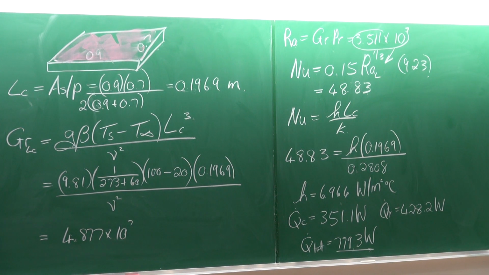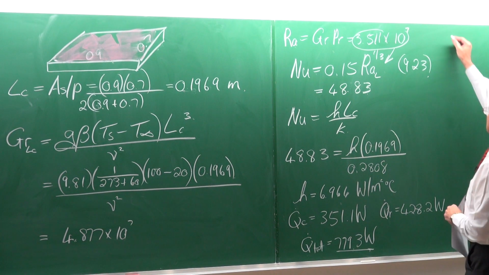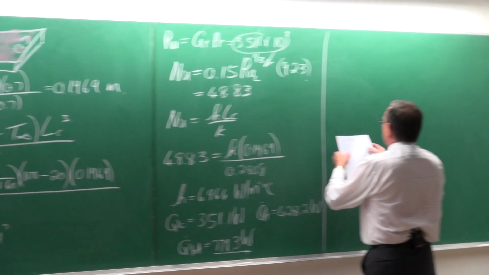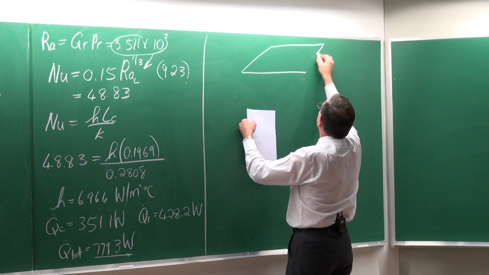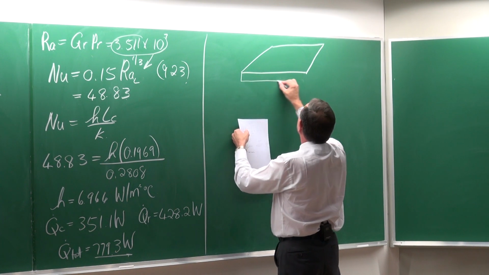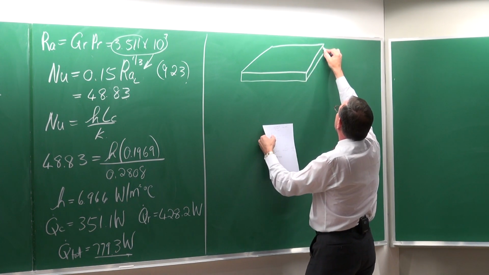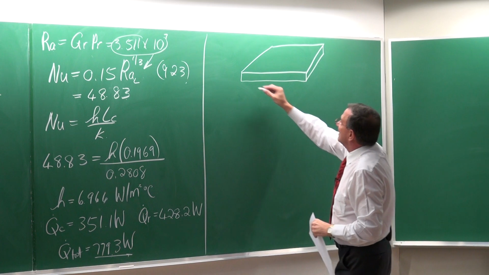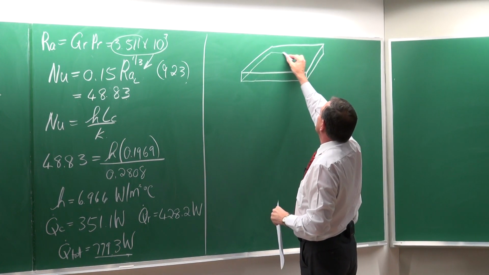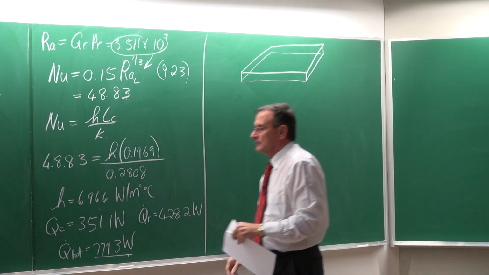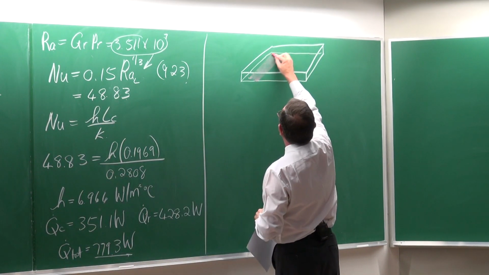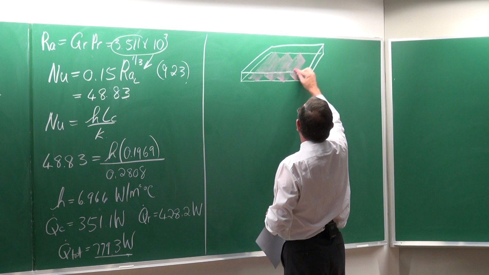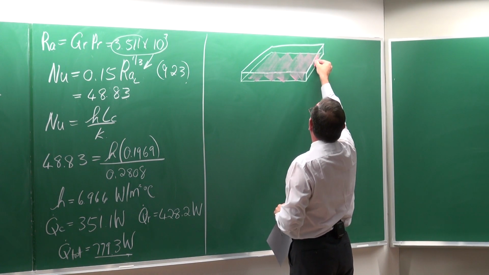Right, the last example, which I'm also just going to solve very cryptically with you, is now again this plate like that. And there's the bottom surface. Now this bottom surface is the one which is being heated, like that.